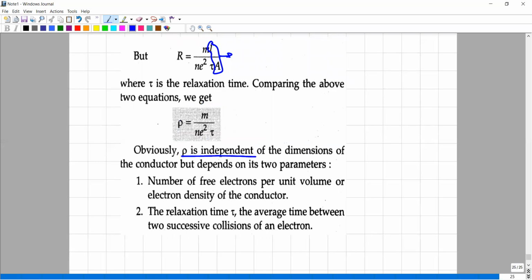So resistivity is independent of the dimension of the conductor, because resistivity depends upon the mass of the electron, the number of electrons per unit volume, the charge of the electron and the relaxation time. It depends upon the number of free electrons per unit volume, or electron density of the conductor, and the relaxation time. Resistivity depends upon these two values, and the relaxation time depends upon temperature.